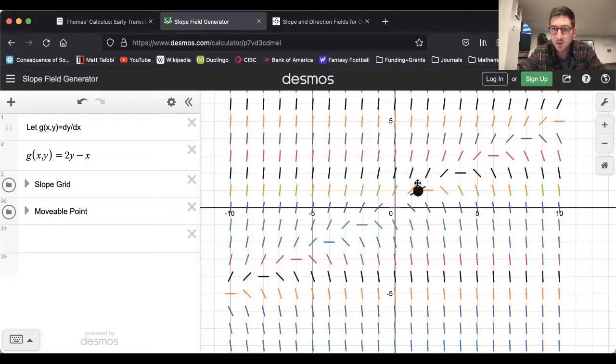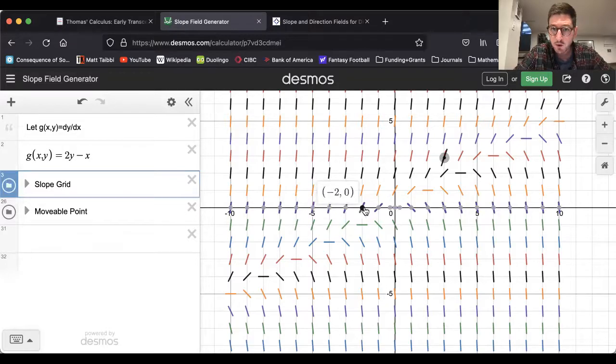Now you can see all of those little tangent lines, and it's giving you a slope field for this. What you can do is follow these little lines, because these lines are pointing you where the function is going. So for example, if I started somewhere at (-2, 0) here, it's sort of shooting me up.